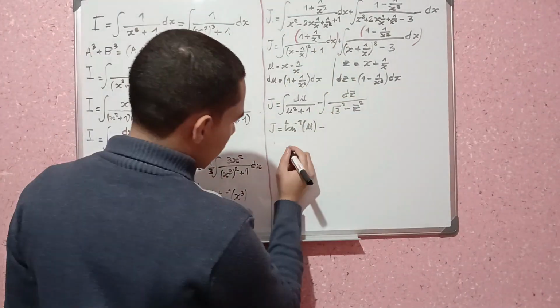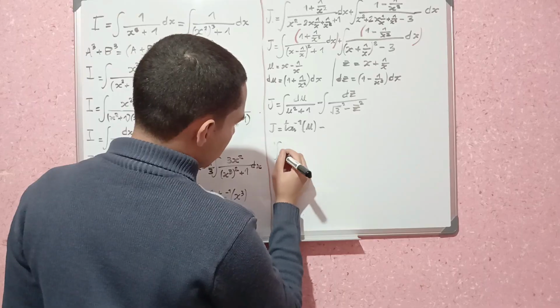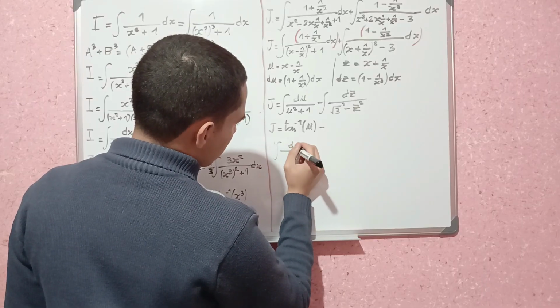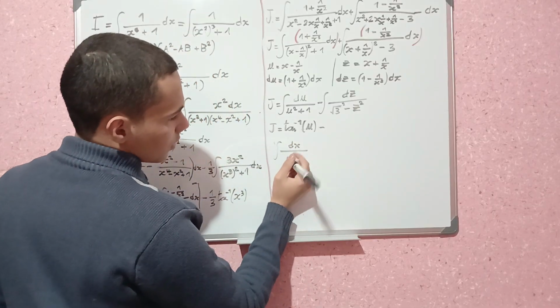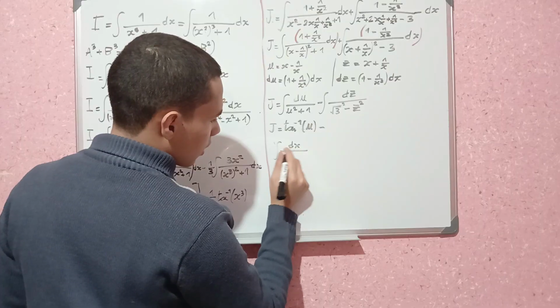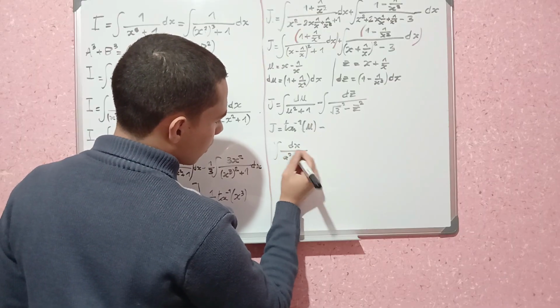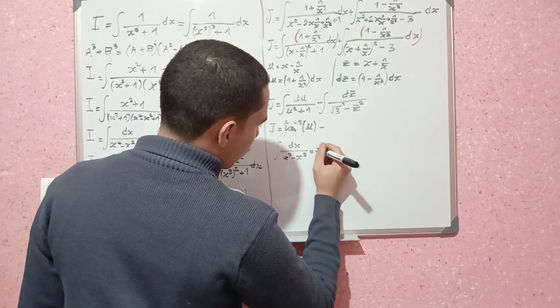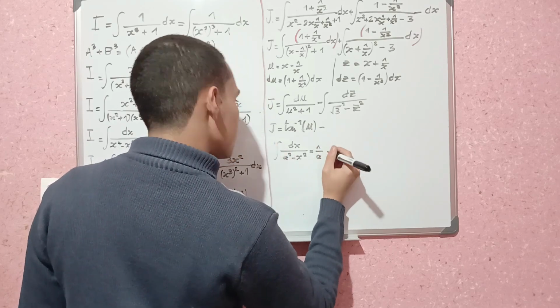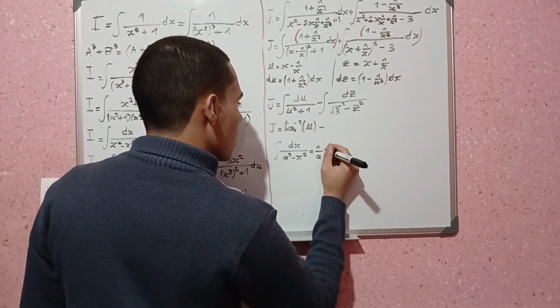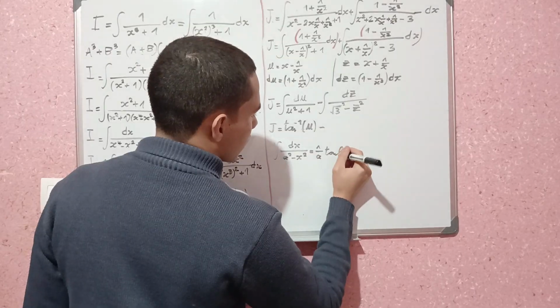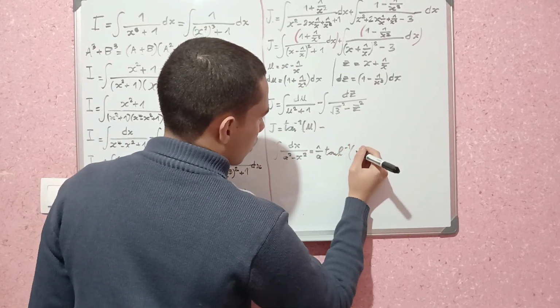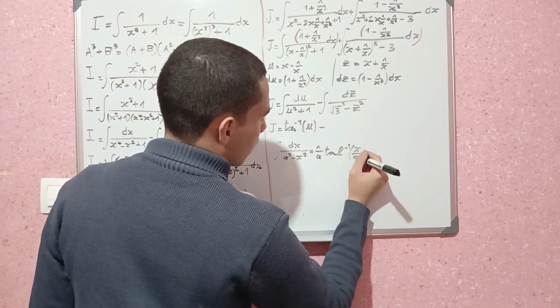Why? Because we have the rule, which is the integral of dx over a squared minus x squared equals 1 over a times the inverse hyperbolic tangent of x over a.